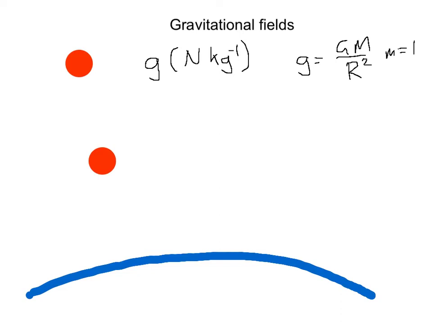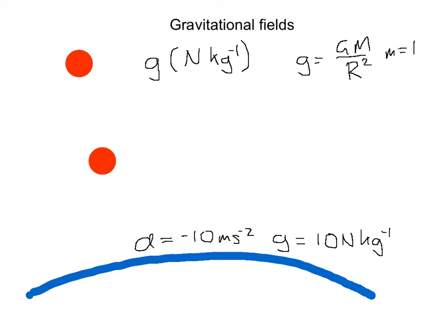We know that on the surface of the Earth, the acceleration of a projectile in free fall, experiencing no other forces, will be negative 10 meters per second squared, because the gravitational field strength at the surface of Earth is 10 newtons per kilogram. And the interesting thing is, as you go up away from the Earth's surface, this follows as well.